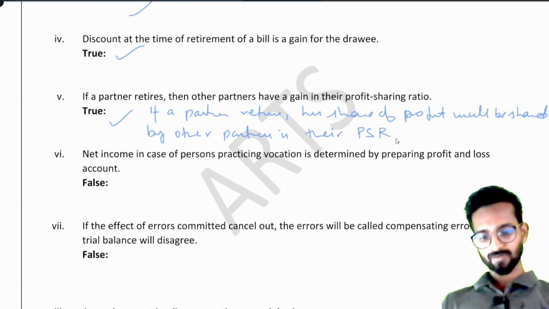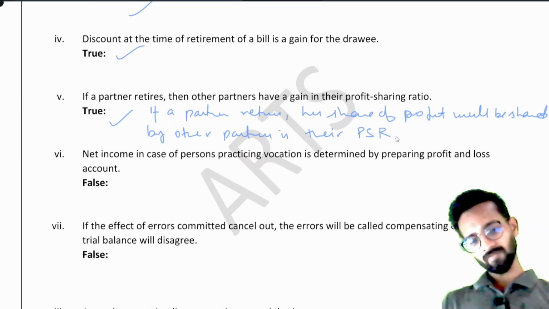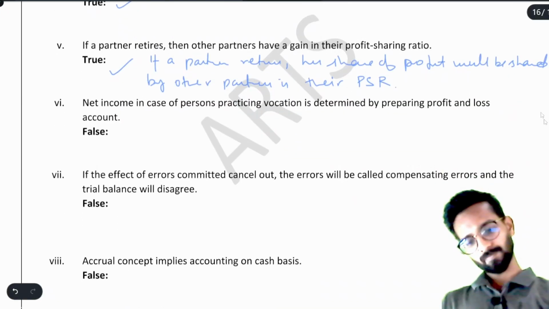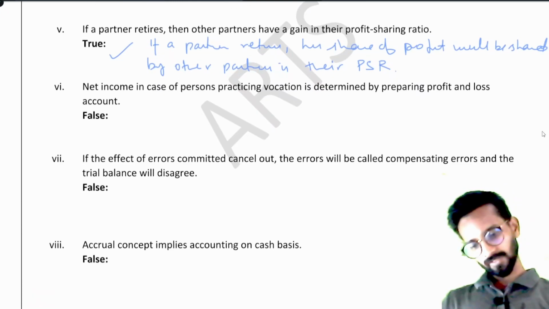This we already know. Whenever we are doing sums for retirement of partnership, the partners continuing will gain. Okay. Then net income in case of vocation, we have discussed this.